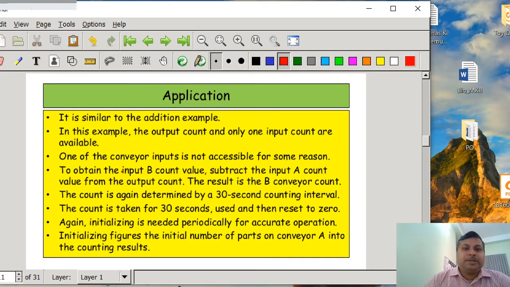And for the application, in the same way as the adder operation we have shown, an application can be shown for the subtract operation.